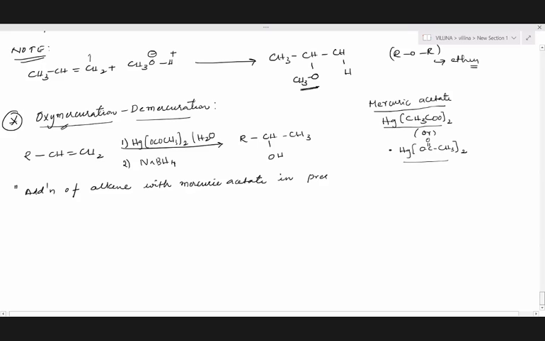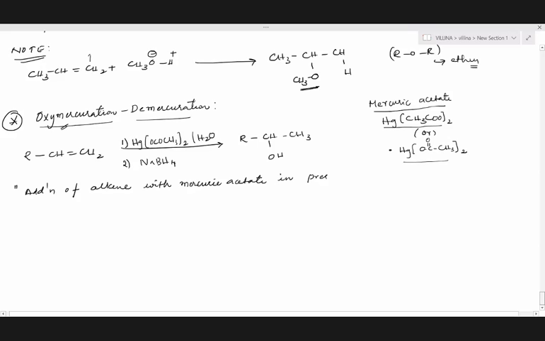And the second important reagent is NaBH4, a reducing agent. So our final reaction will give CH3, and obviously OH will be added. So this is the net reaction. Here also we are adding OH only. We are ending up with addition of H and OH. But this gives a better yield than the previous reaction.